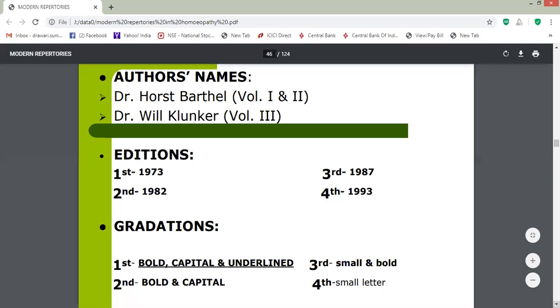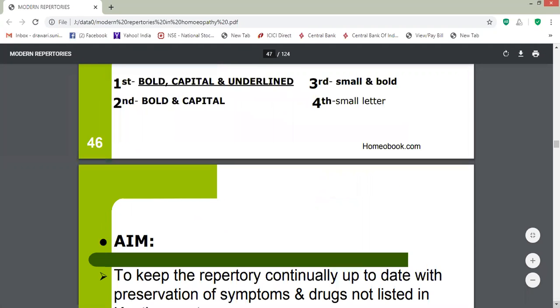And the fourth grade medicines are written in small letters. In this way, we find the gradation in this Synthetic Repertory in 4 grades.